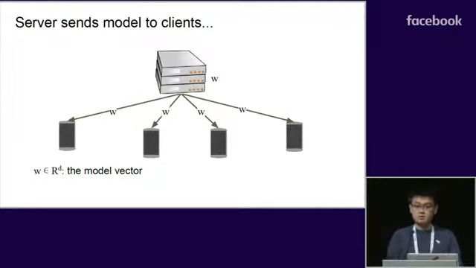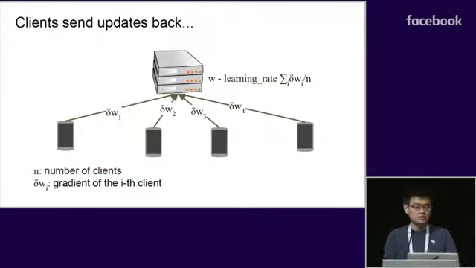Here I use W, a d-dimensional vector, to represent the model. Then each client computes the update, or the gradient of the model, with its local data, and sends the gradient back to the server, where the server computes the average of the gradients and applies the update to the global model.